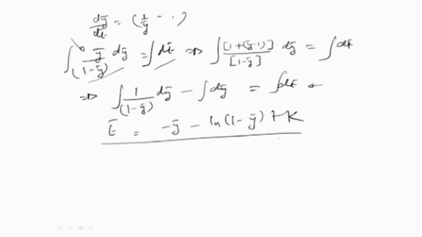So, let us look at the boundaries and the limits to obtain this value of k. We know that the initial conditions that we started with were that y dash would be some y dash 0 at time t equal to 0.